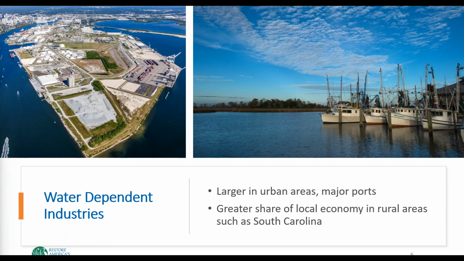Equally important, however, is to remember the rural coastal communities around the country, because in those rural coastal communities, the percentage, the portion of the local economy that is water dependent is much higher. For the folks that live in rural coastal communities, their livelihoods are tied to being coastal.